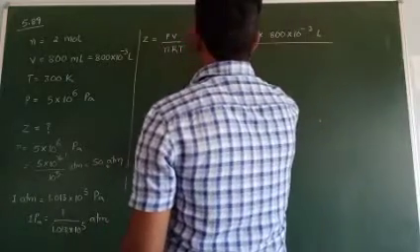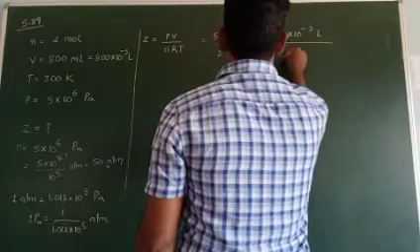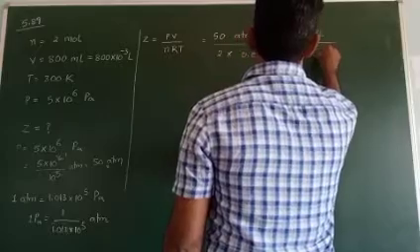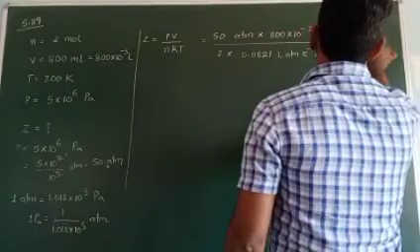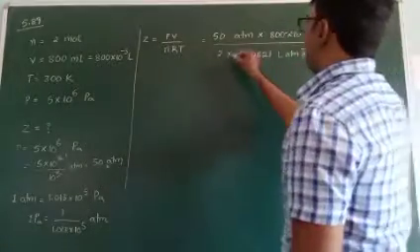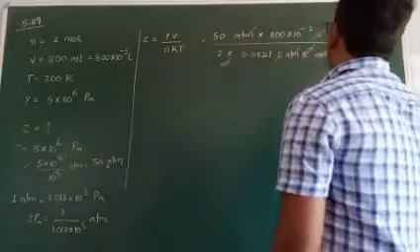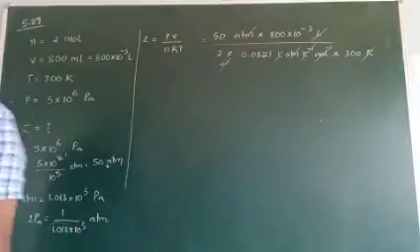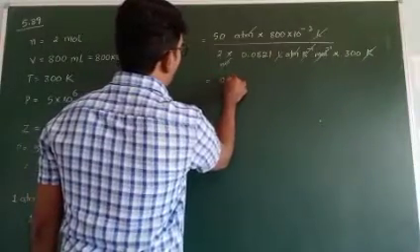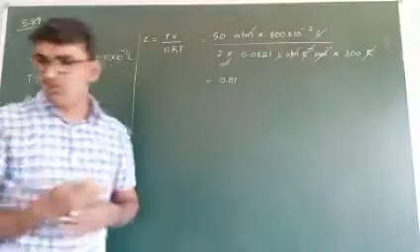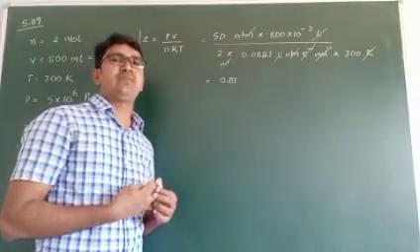N value 2 moles, R value 0.0821 liter atmosphere Kelvin inverse mole inverse, into T value 300 Kelvin. Automatically the units cancel. Now calculate the remaining terms. It gives the final answer, 0.81. 0.81 is coming for me, but in the textbook 0.0796 is given; that is nothing but 0.8.